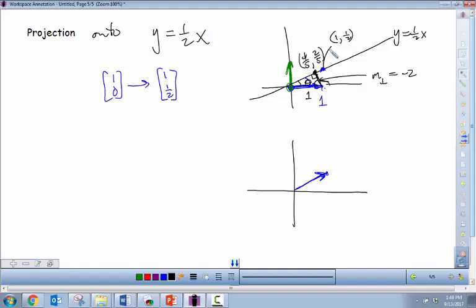I solved for b, the intercept was 2, with root 1, and then I set y equal to -2x plus 2 equal to 1/2 x. Plug in for x, and y is equal to 1/2 x.